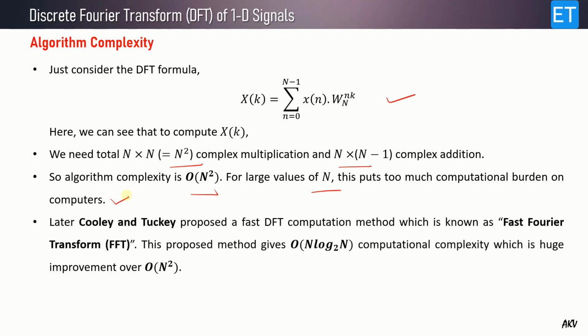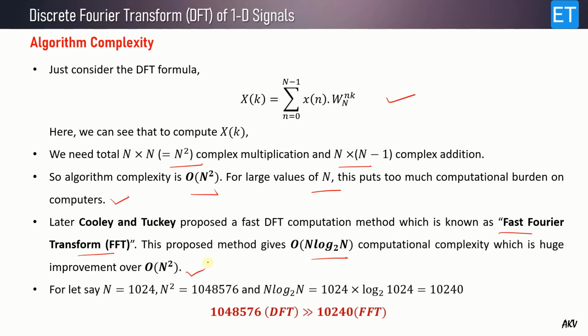Later, Cooley and Tukey proposed a fast DFT computation method, known as the fast Fourier transform, FFT. This method gives n log n computational complexity, which is a huge improvement over n square. You can understand this by an example. Suppose n equals 1024.